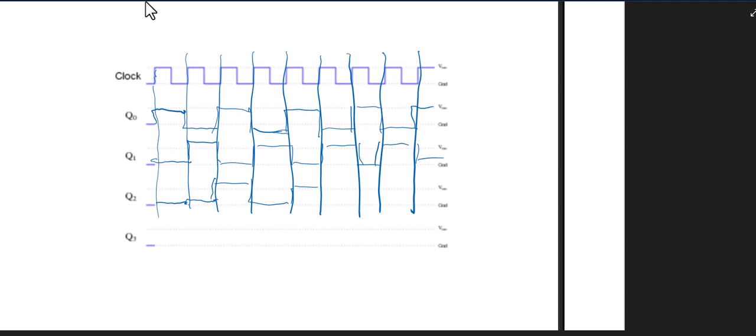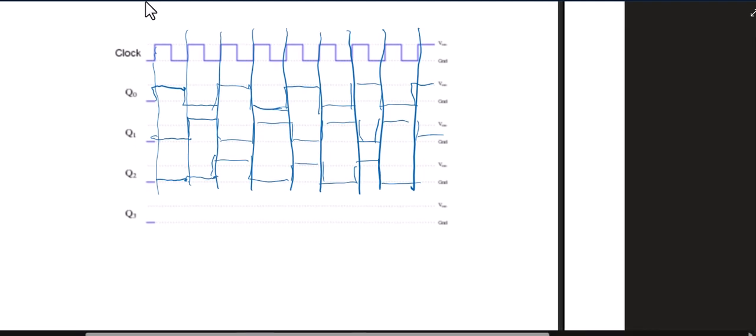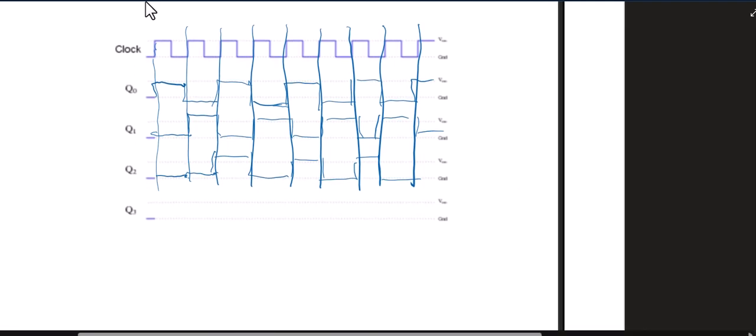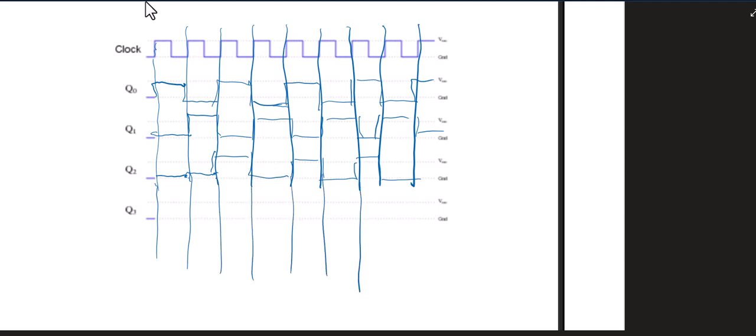And then now it's going to do its alternating thing. But it has this delay up in front because it had to wait for the signal to get to it.